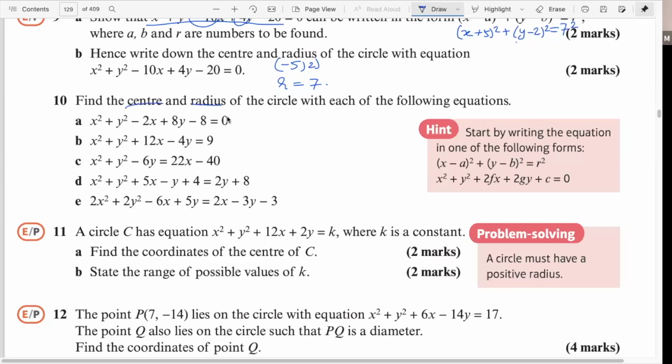So center is straight away 1 and minus 4, and radius is the square root of 1 squared plus minus 4 squared plus 8, which is 1 plus 16 plus 8, that is 25. That is 5. This is your question 1.